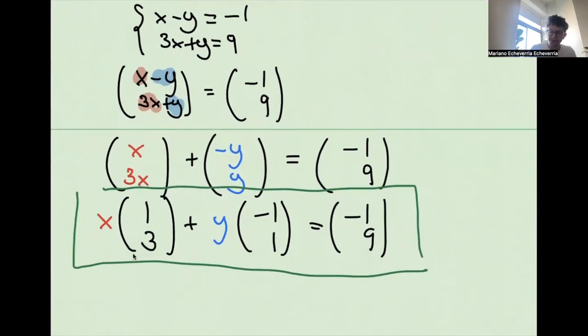If you look at this equation, what you're trying to do is express this vector as a sum of these two vectors.